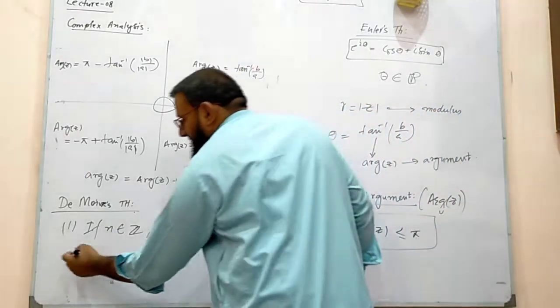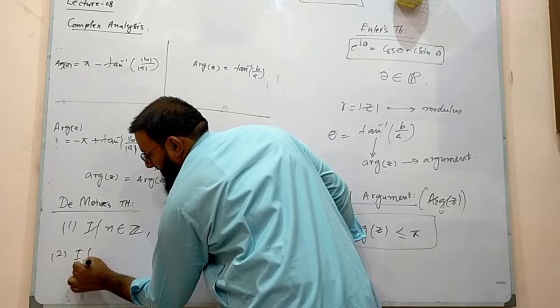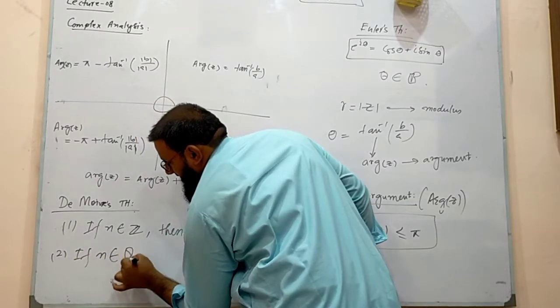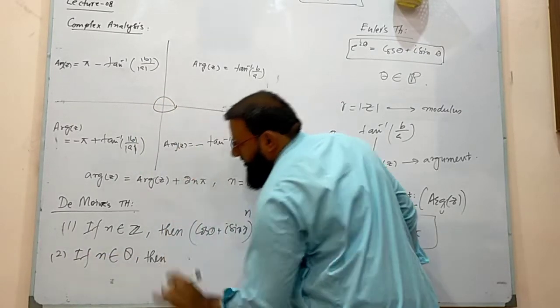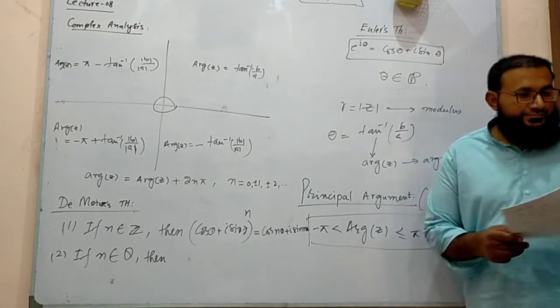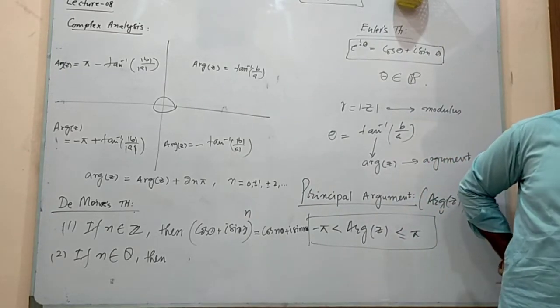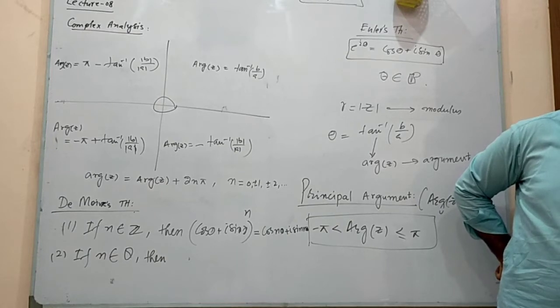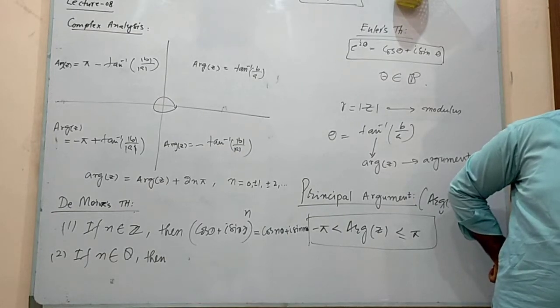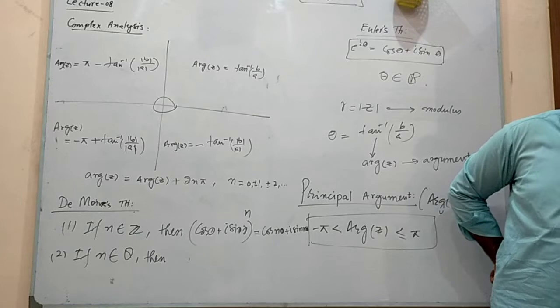Okay, what if n is a rational number? Then what happens? Any idea?